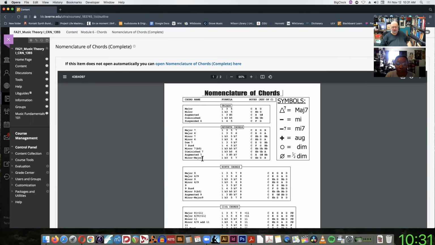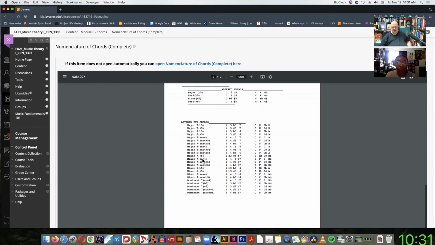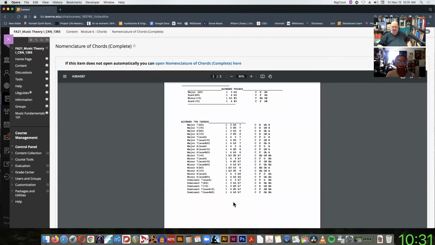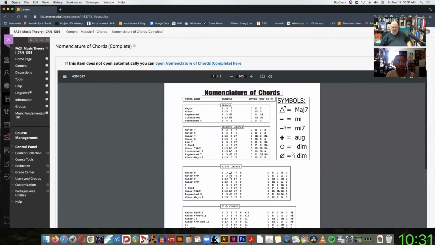That's all here. And then page 2 has all these other oddball chords. You see that? Okay. That's all complete right there. That's full. And then yeah, you got that one there.